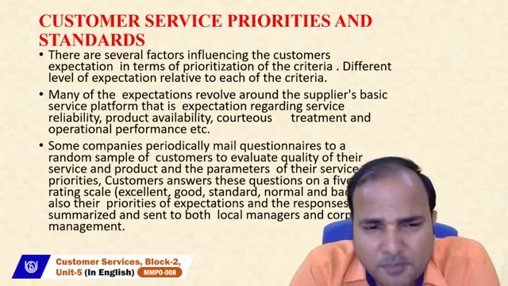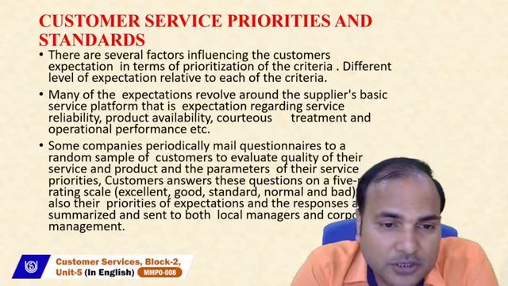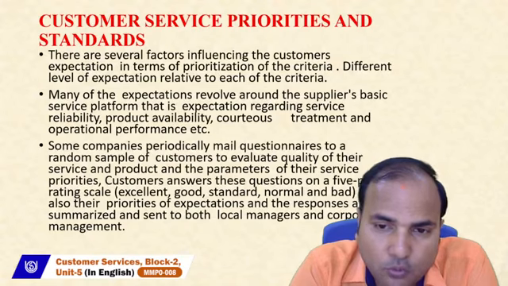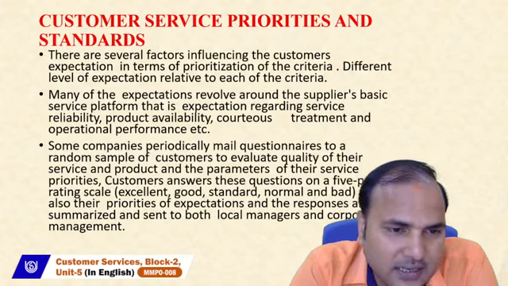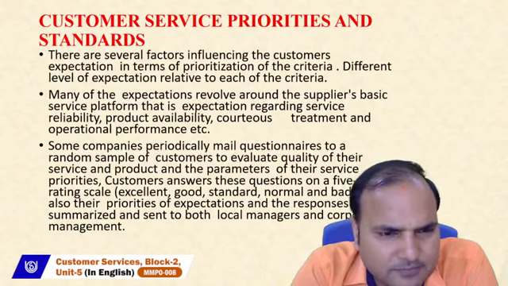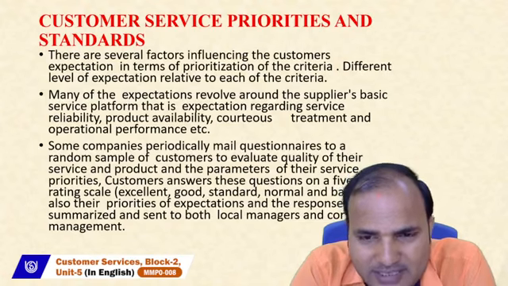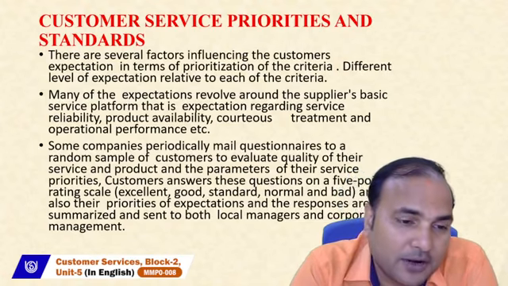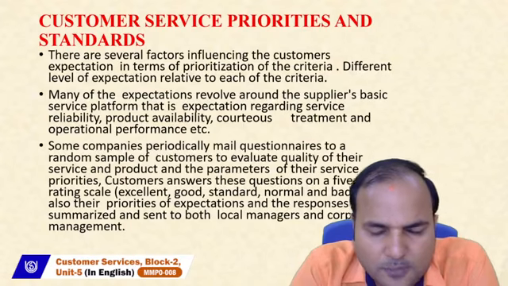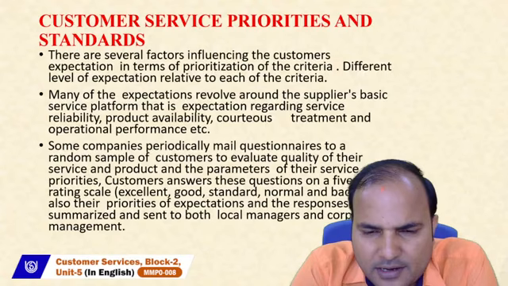And for this, some companies periodically mail questionnaires to a random sample of customers to evaluate the quality of their service and product and the parameters of their service priorities. Customers answer all these questions on a 5-point rating scale. Suppose 5 is excellent, 4 is good, 3 is standard, 2 is normal, and 1 is bad.